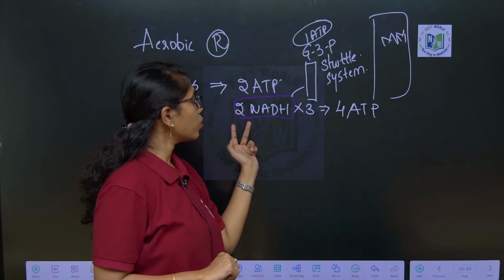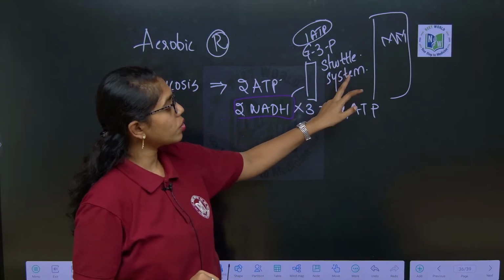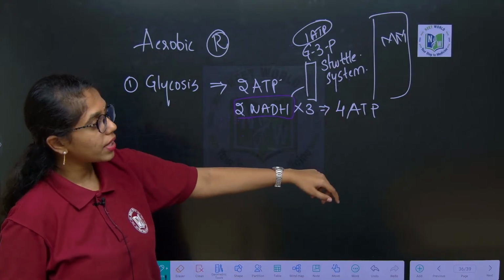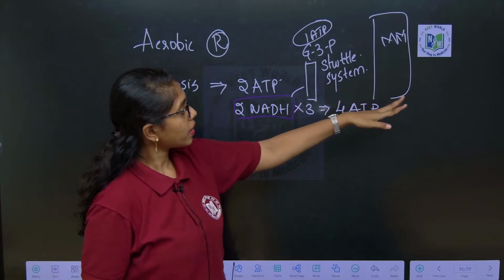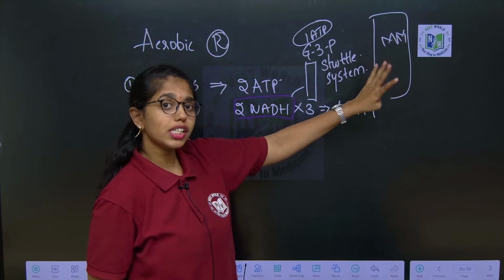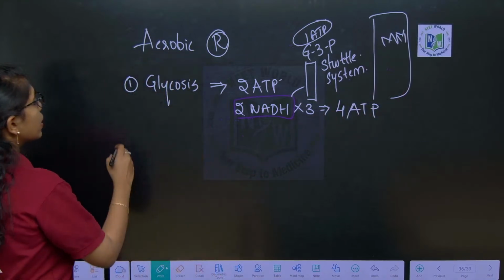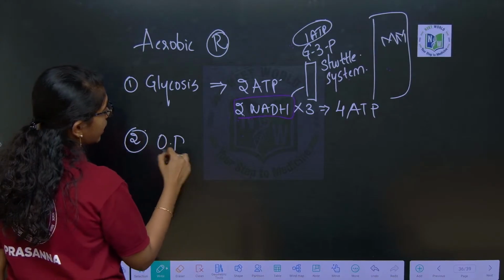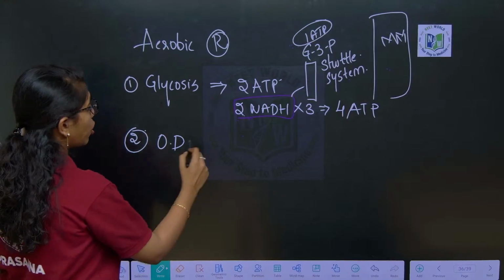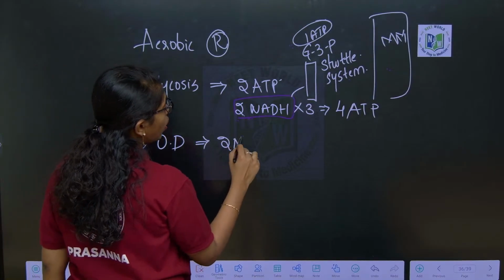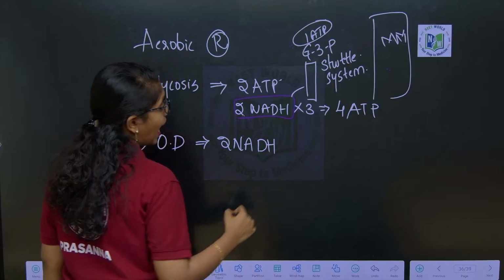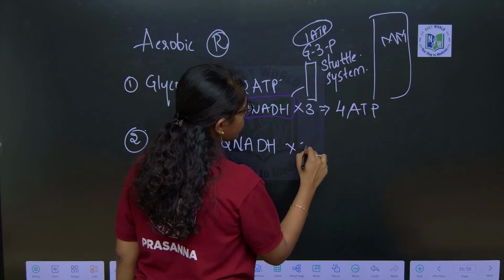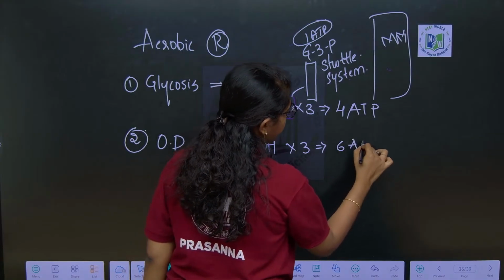So, to transfer 2 NADH, this shuttle system is utilizing 2 ATP, so that it will pass on just 4 ATP. Second is oxidative decarboxylation. For one glucose molecule, 2 NADH are being synthesized. 2 NADH means 2 into 3, that is again 6 ATP.